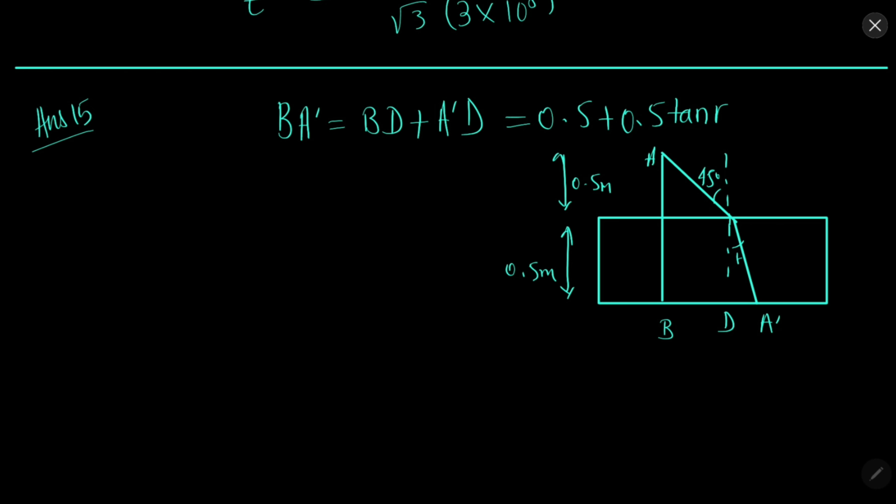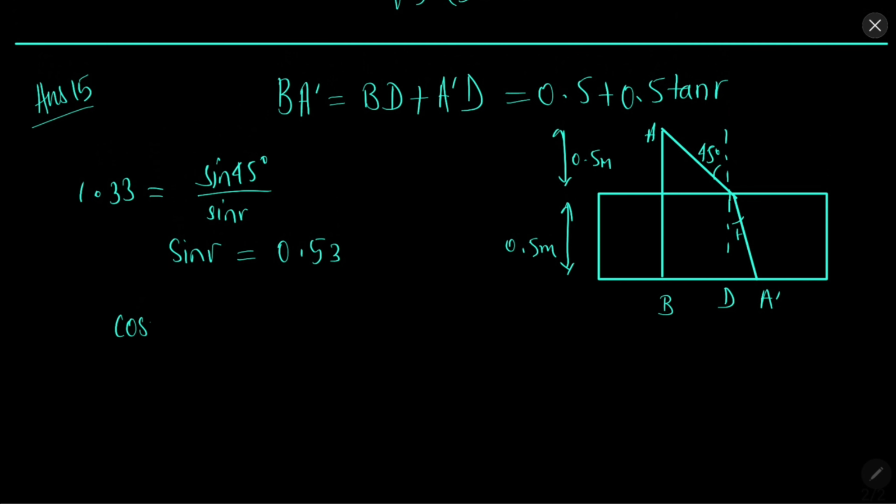So now 1.33 equals sine 45 degree over sine r, Snell's law. So sine r will be 0.53, cos r will be root 1 minus sine square r, which will give us 0.85. tan r will be sin r over cos r, 0.6235.